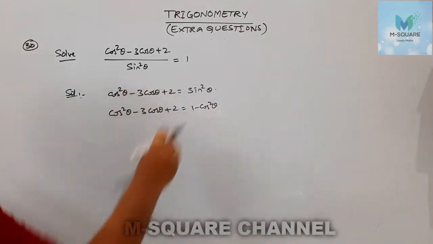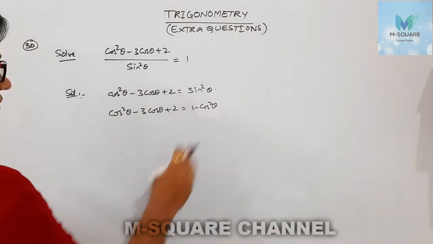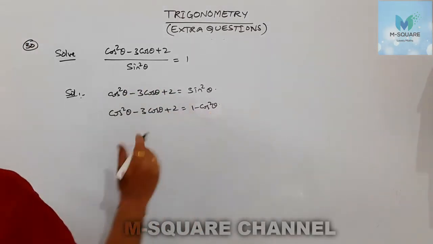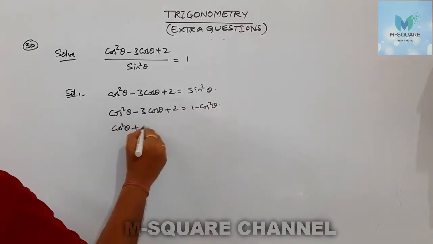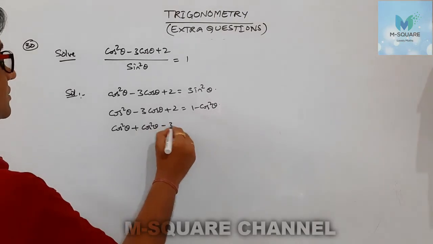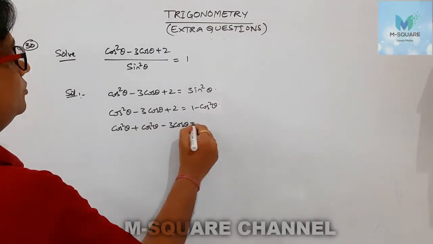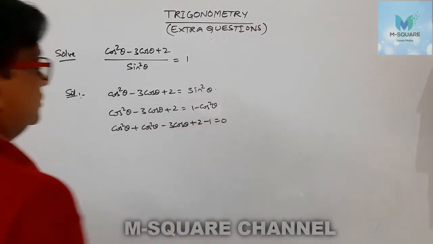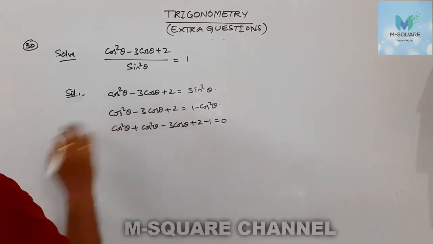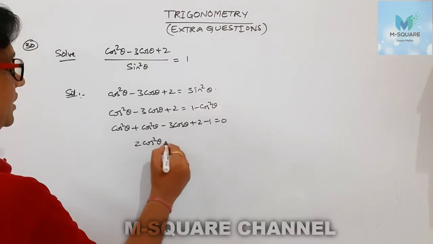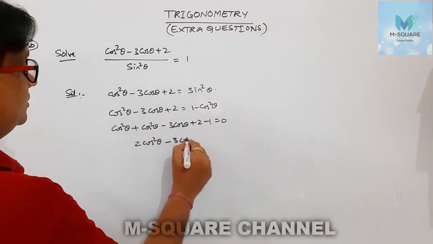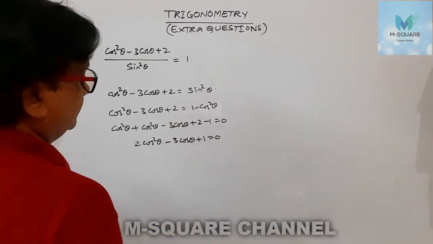Now the total question is in the form of cos only. So cos square theta plus cos square theta minus 3 cos theta plus 2 minus 1 equal to 0. These come to the left hand side, transposing. So 2 cos square theta minus 3 cos theta plus 1 will be there.